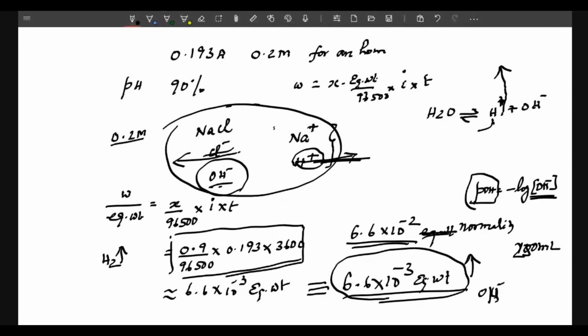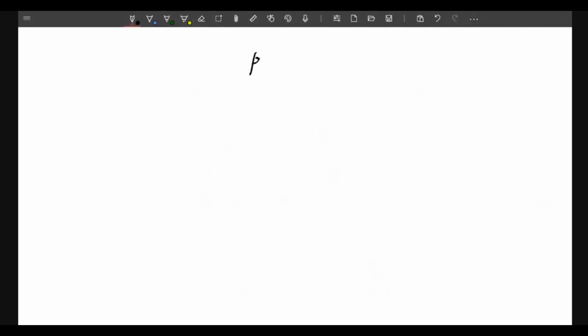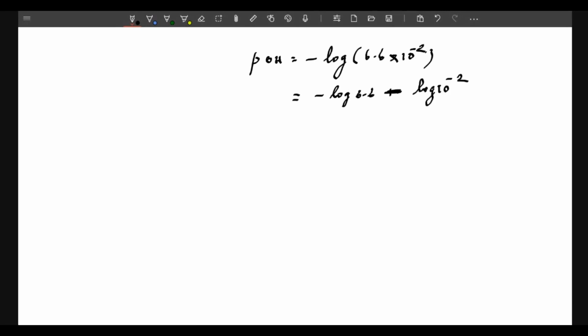Do you want to calculate this pOH? The pOH would be equal to minus log of 6.6 into 10 power minus 2. And if you put this, minus log of 6.6 plus minus log of 10 power minus 2. And what is the value of log 6.6?